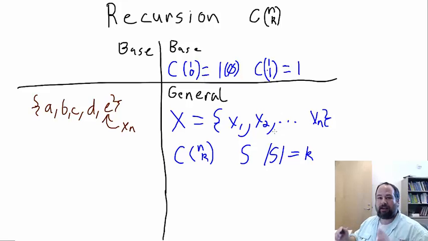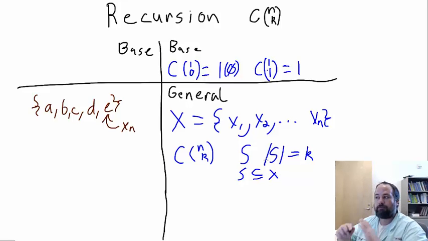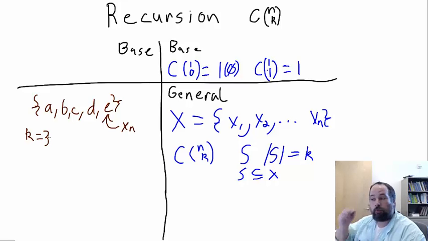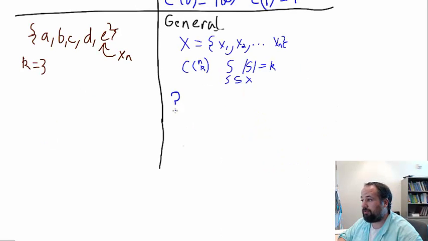So S is some subset of X with k elements. Going back to our concrete example, let's make k equal to 3. So we're going to make S some subset that has 3 elements, but we're not going to tell you what it is yet. Hold on a minute. Now we have a question to ask.